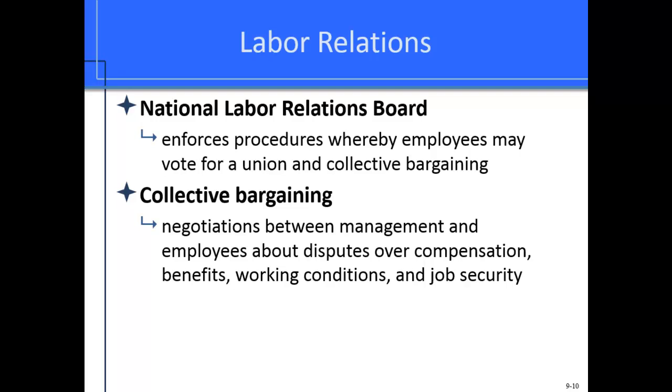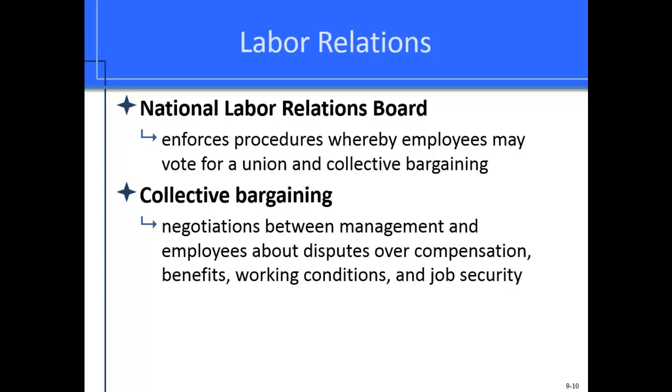The first area we talked about was labor relations, and labor relations are dictated in part by the National Labor Relations Board, which enforces procedures whereby employees may vote to have a union and for collective bargaining. Collective bargaining consists of negotiations between management and employees about disputes over compensation, benefits, such things as working conditions, as well as job security.